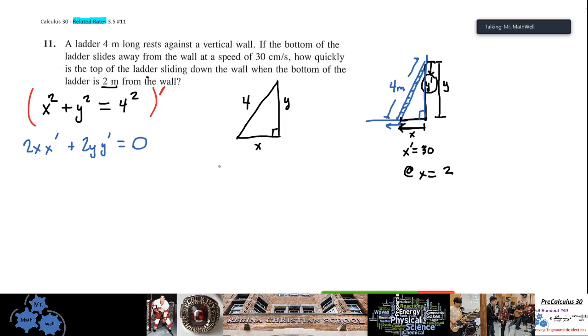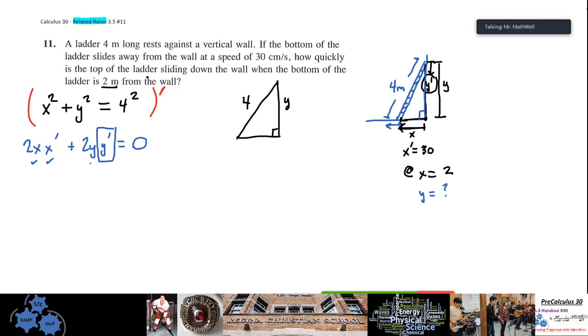Okay, so we've got this, and now look at what I have. I have x prime right here, which I know is 30. I have y prime that I'm looking for, so this is what I want to solve for. Now, I have x, that's 2, but I don't have y. So you are going to need to figure out what y is also at this point, which actually is pretty easy because watch what happens here.